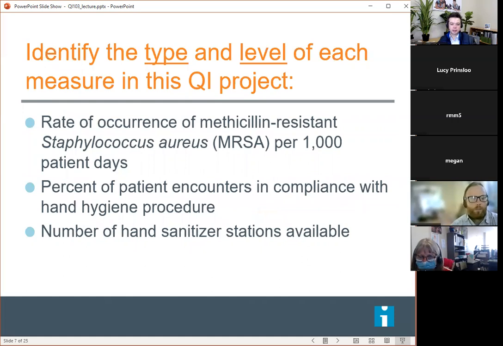Just for this one, for each one in the chat, if you want to just say what type of measure it is and the level each measure is in this QI project. So the type of measure is outcome, process, or balance, and the level would be project or PDSA level. So if you can, just for each of those 1, 2, and 3 there, just put in the chat what you think.